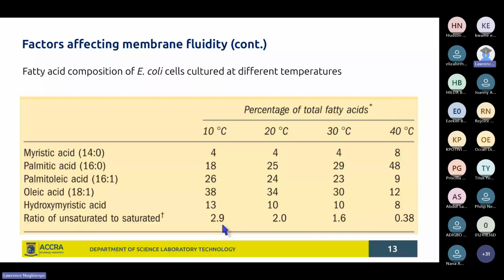And what do you notice? You notice that as the temperature increases, you have a lesser amount of unsaturated fatty acids synthesized by the bacteria in its cell membrane. And why so? Look at it.